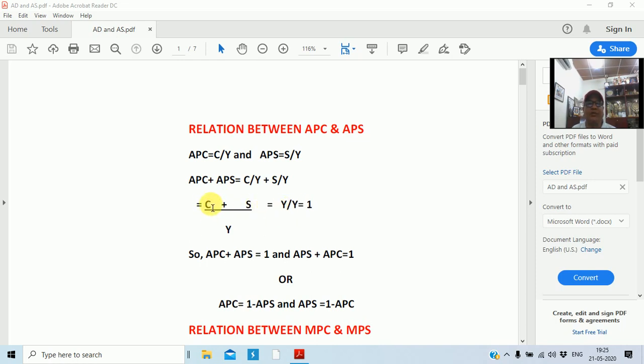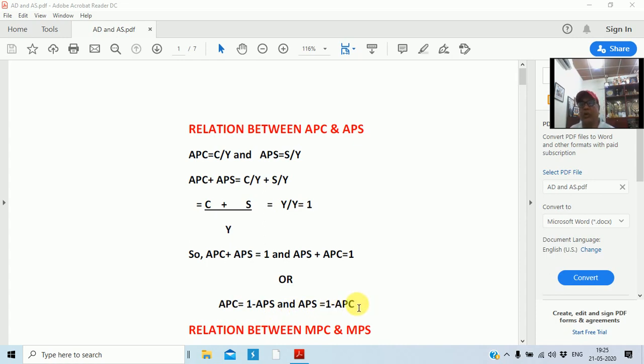So C plus S by Y is equal to Y by Y, which is equal to 1. So what is the relation? APC plus APS is equal to 1, or we can say APS plus APC is equal to 1, or we can say APC is equal to 1 minus APS, or APS is equal to 1 minus APC.